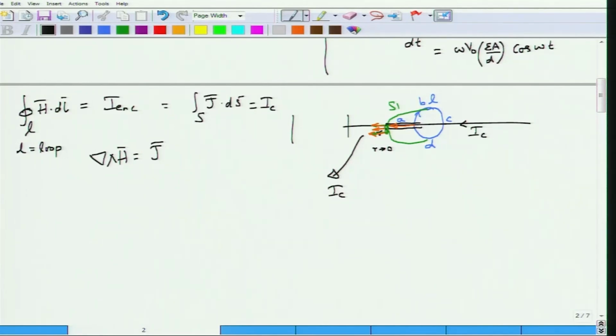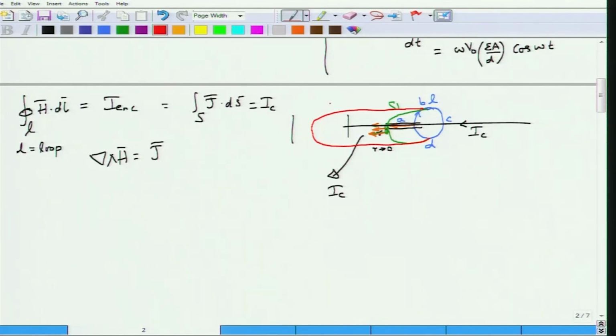To answer this question, let us imagine going to a different surface. Remember, there is no restriction on the surface I consider for the right hand side of Ampere's law. All that is required is that the surface is bounded by the same loop A, B, C, D, A. So let me now consider a surface which would go in this way.